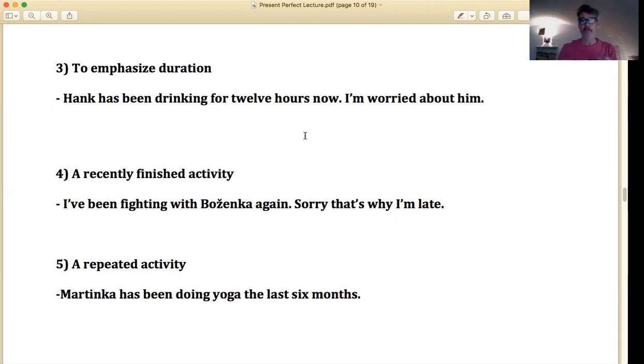So we're emphasizing a specific time or duration. But again, it's continuous, and we know that it's temporary. Like he's not going to stay there for the rest of his life. It's finite. It's something that's going to end.